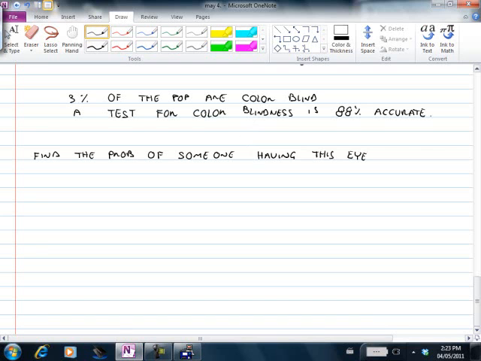It's transferable. You can transfer it to your kids. Find the probability of someone having this eye disease if their test is positive.